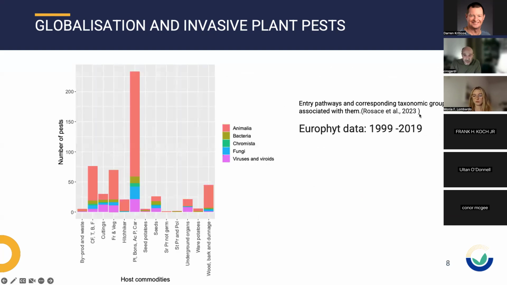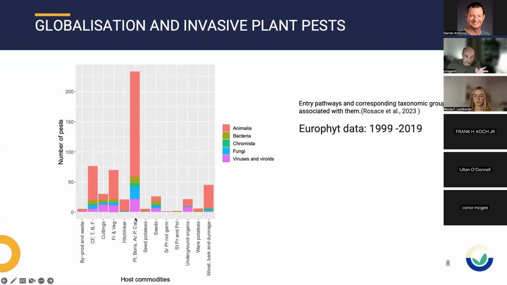But a similar analysis conducted in another research paper, from Rosace et al., referring to a different period, indicates essentially the same. The highest column indicates the plants for planting, bonsai, aquatic plants, and carnivorous plants.